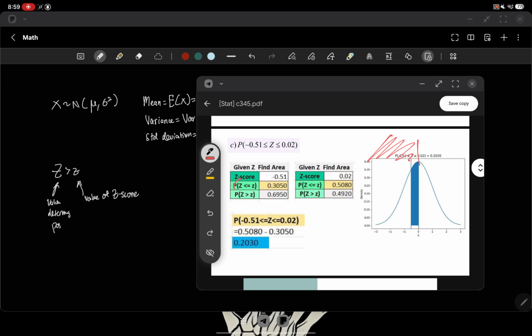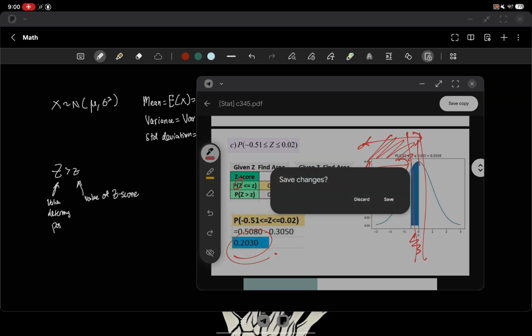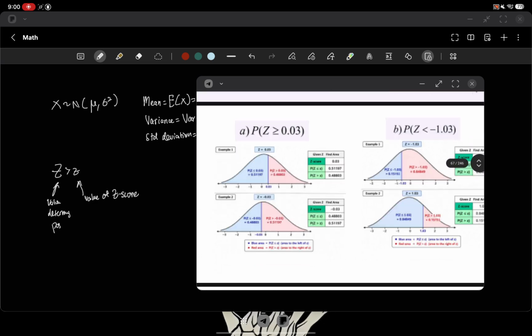Now we take Z less than 0.51 here. So when we take this region minus this region, we will have the balance section. So this is the answer. No need to be confused, you just need to understand the shaded region. Once you understand the shaded region, it is easier for you to calculate it.